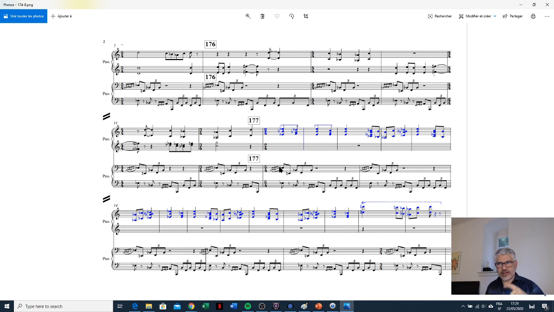Then I start adding some elements of the little characters that come in. Of course, you have ta, rum, pim, rum, pa, pa, pa, pa. So this I do with the left hand, just making sure that I know exactly where it coincides every single time.